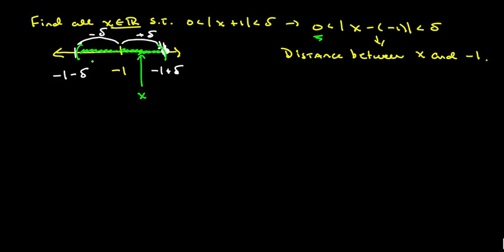If x is anywhere between this guy and this guy, we can write it like this: negative 1 minus delta is strictly less than x, which is less than negative 1 plus delta. Or you could write it like this: negative 1 minus delta, comma, negative 1 plus delta. And this is interval notation.